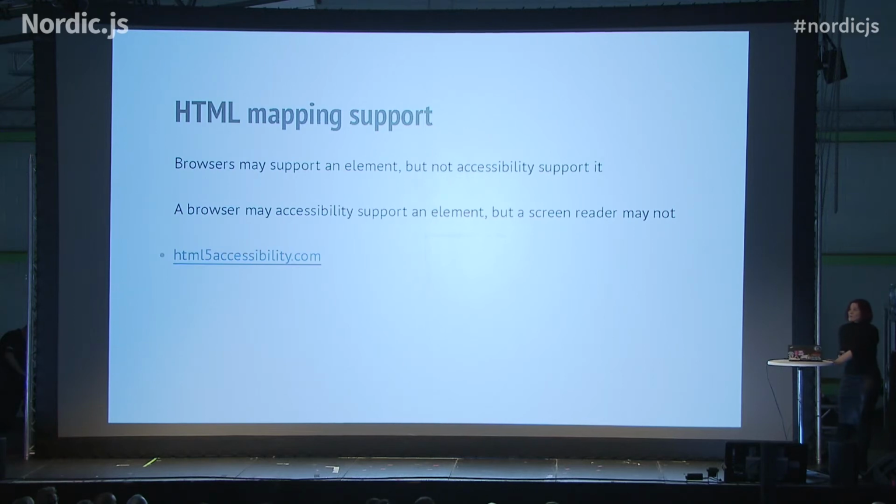There's a catch, there always is. Support is a three-layered thing in terms of accessibility for code. First, a browser has to support an element. A good example of recent years are the details and summary elements. IE and Edge still don't support those elements at all.